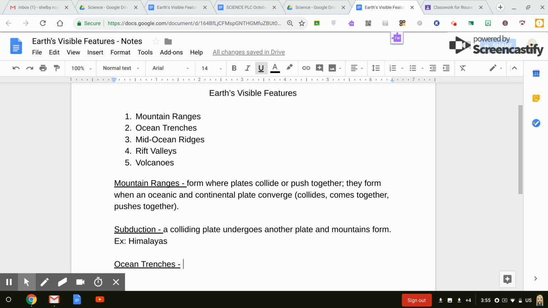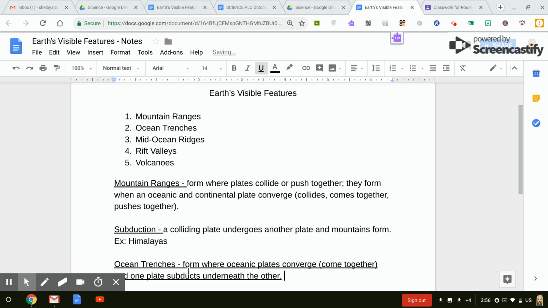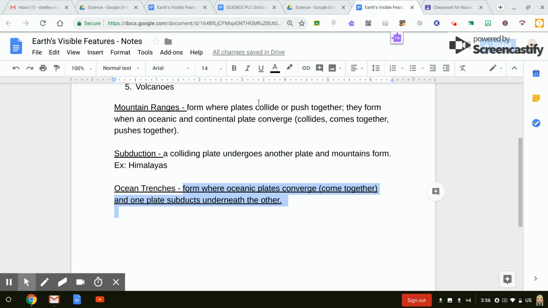So ocean trenches form where oceanic plates converge. Remember, that means come together. And one plate subducts underneath the other. And we defined subduction yesterday. We've got it in our notes here.